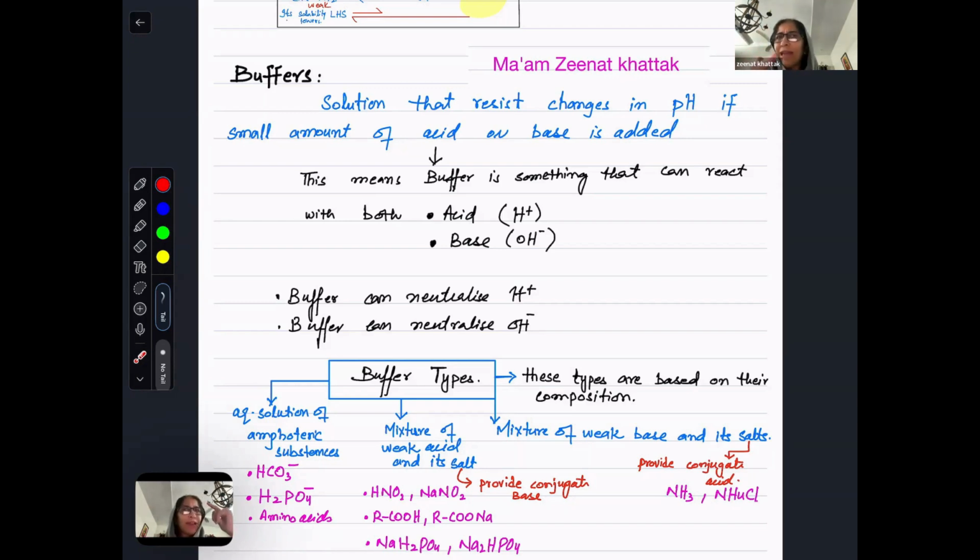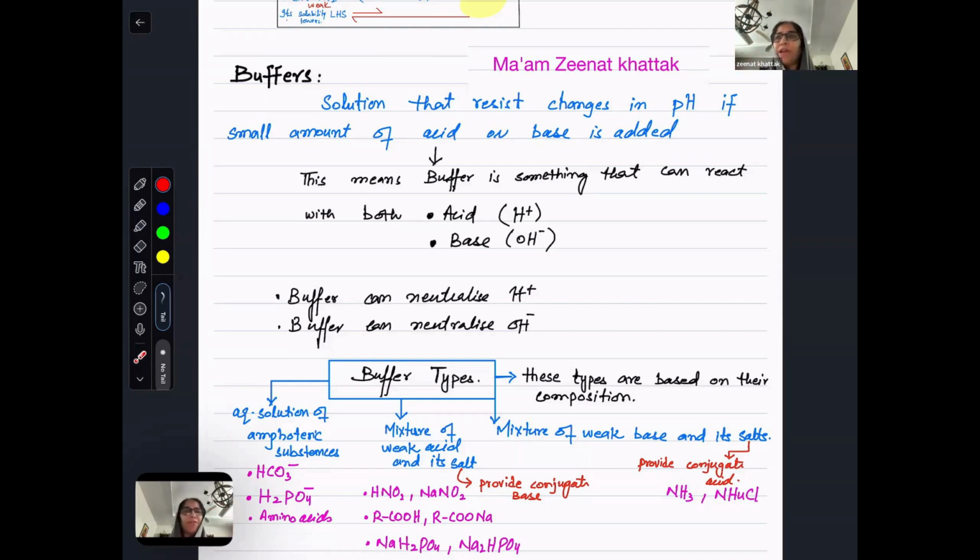I'm talking about something entering directly into the blood. If it is acidic, it will not change the pH of the blood. Even if it is alkaline, it will not change the pH of the blood. Why? Because in the blood there are hydrogen carbonate and amino acids. They neutralize the incoming H plus and OH, and don't let them change the pH.